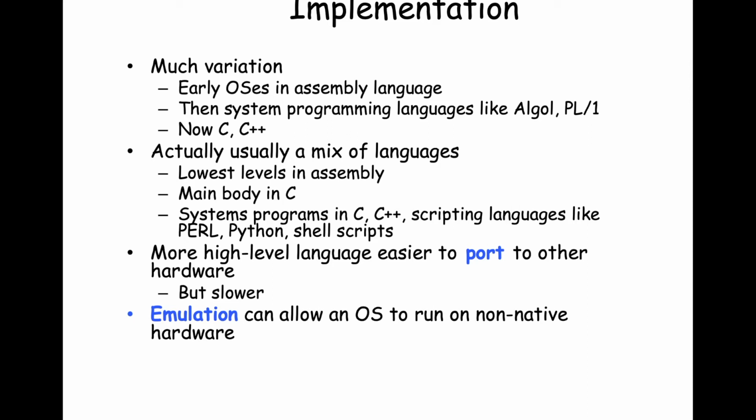The lowest levels are in assembly, but the main part of your operating system is typically in something like C or C++. Often you have systems programs, utilities that can be in more high-level interpreted languages like Perl and Python or shell scripts, but generally a lot of them can be in C and C++.